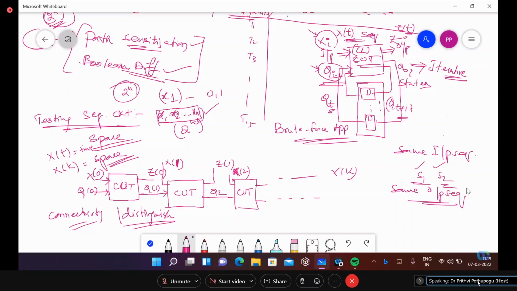Now, for the testing sequence, if you are able to reach one state from another state, we say that they are connected, strongly connected.